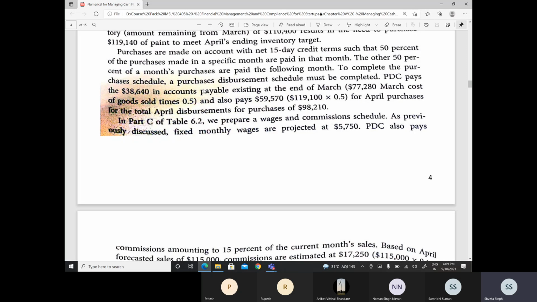PDC pays the 38,640 in accounts payable existing at the end of March, that is $77,280 March cost of goods sold times 0.5, and also pays 59,570, which is this month's sales, that is 119,100 into 0.5 for the April purchases, for the total April disbursements for purchases of 98,210.